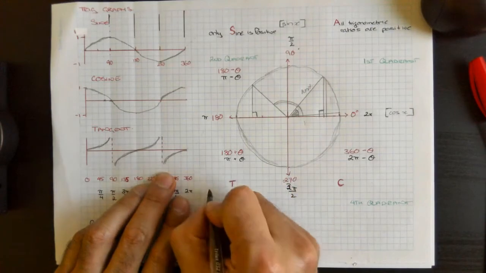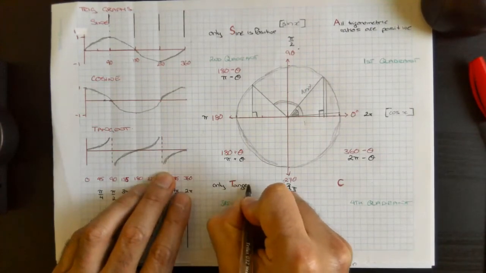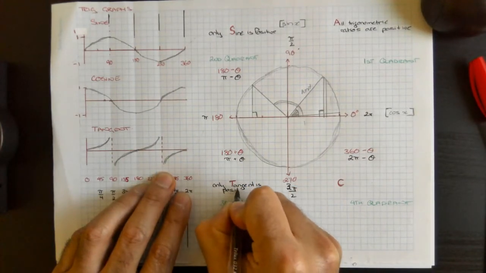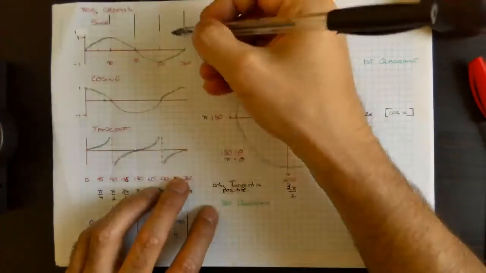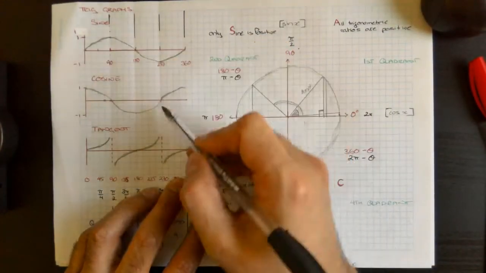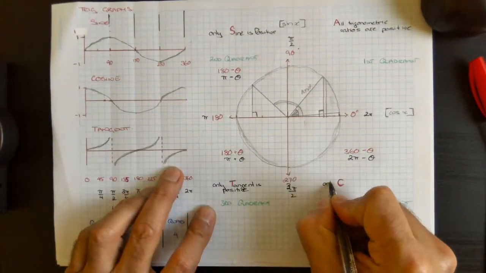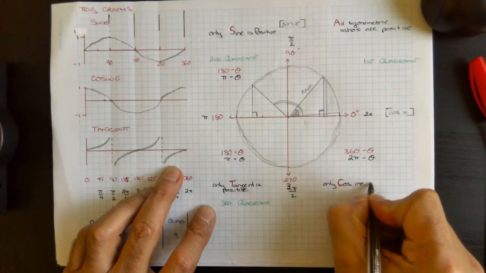So only the tangent is positive. And in the fourth quadrant, we have sine is negative, cosine is positive, but tan is negative. So only cos, or cosine, is positive.